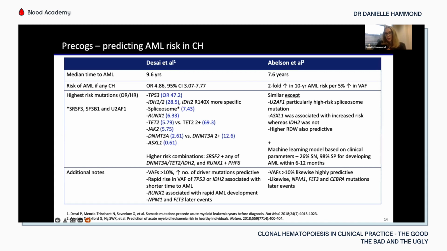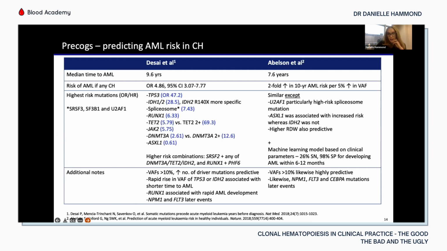They unfortunately were unable to do a similar analysis for MDS because at the time of enrollment of some of these patients in these registries, MDS actually didn't have an ICD code for them to link with. But the bottom line was that if any clonal hematopoiesis was picked up, you had an odds ratio of developing AML of just under 5.